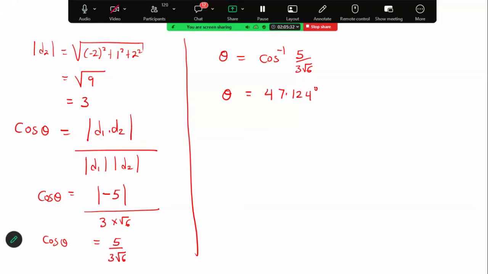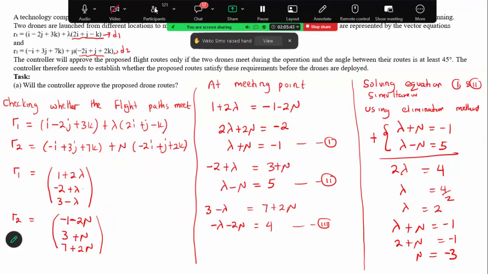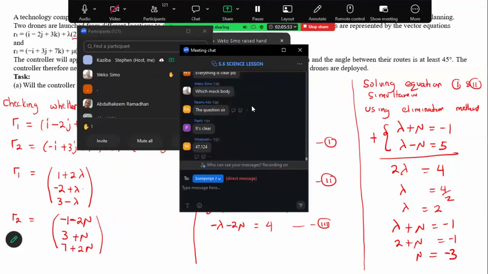From there, the next thing we are going to do, we have to make a good conclusion, such that we take into account both things. I don't know whether Wako Simon, you want to give us a conclusion. Good morning, sir.